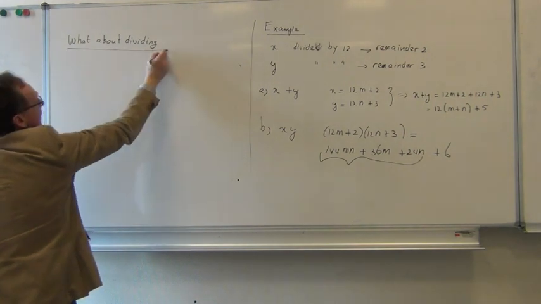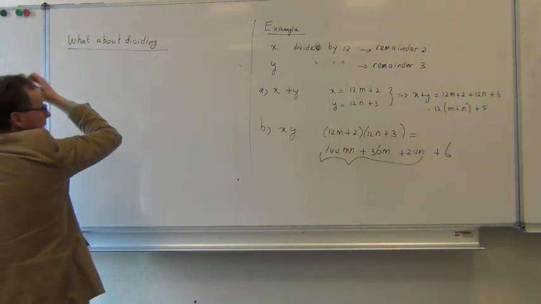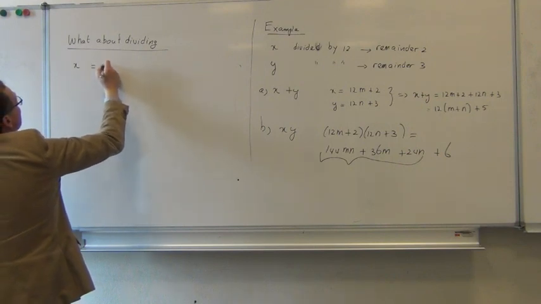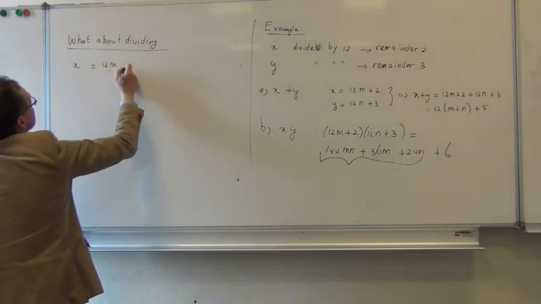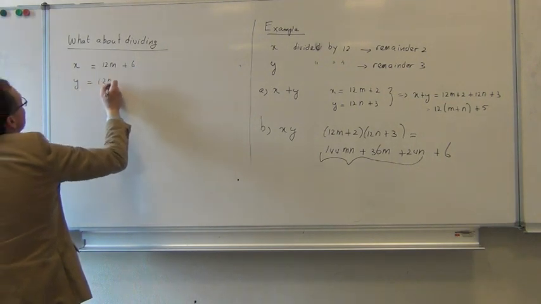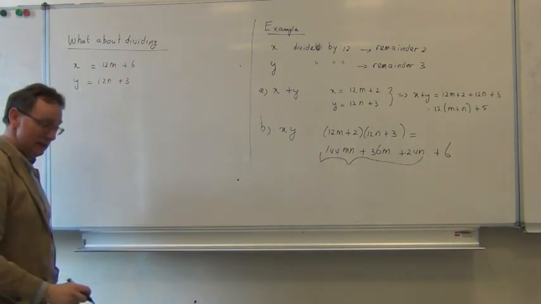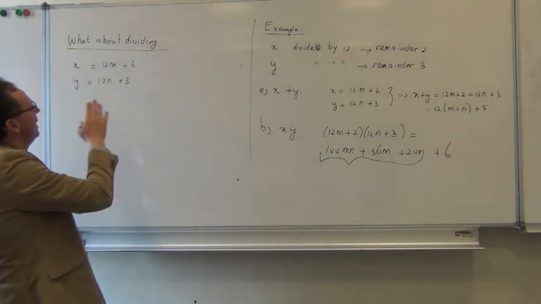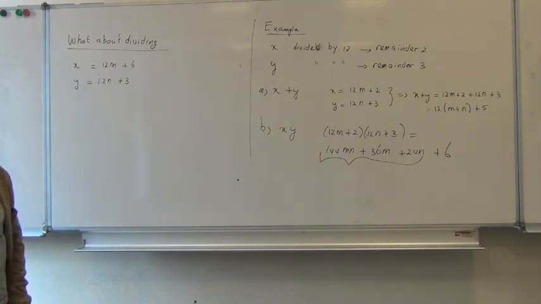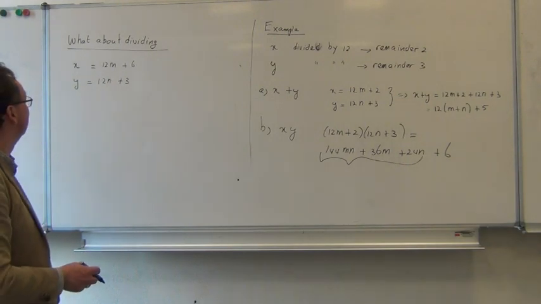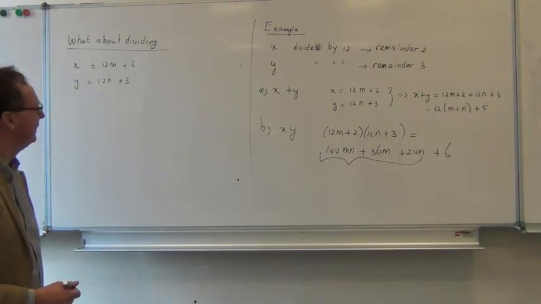So we take, for example, x to be something like 12m plus 6 and y to be 12n plus 3. And we are actually asking if you divide, will the remainder be 2? And the answer is not always. You can think of some examples where the answer is yes.